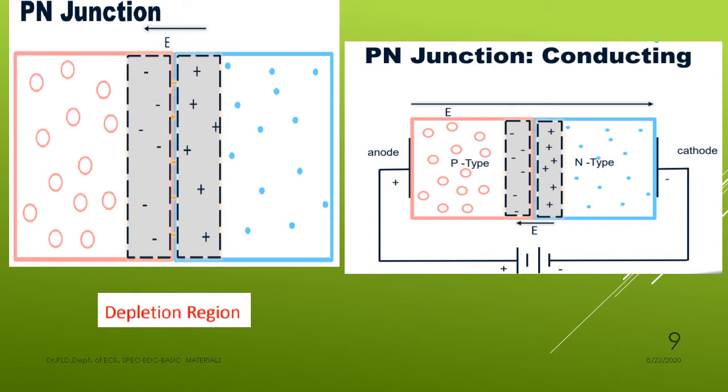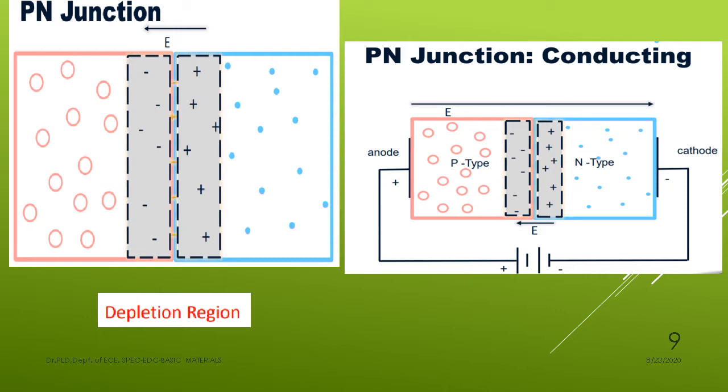With this attraction between electrons and holes, positive ions and negative ions are formed. The atom which donates an electron forms a positive ion near the junction, and which gains the electron becomes a negative ion. So negative ions and positive ions appear near the junction.